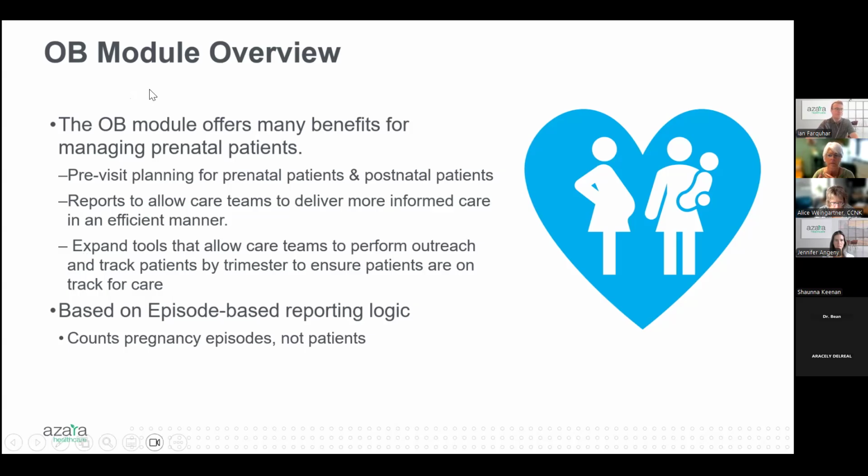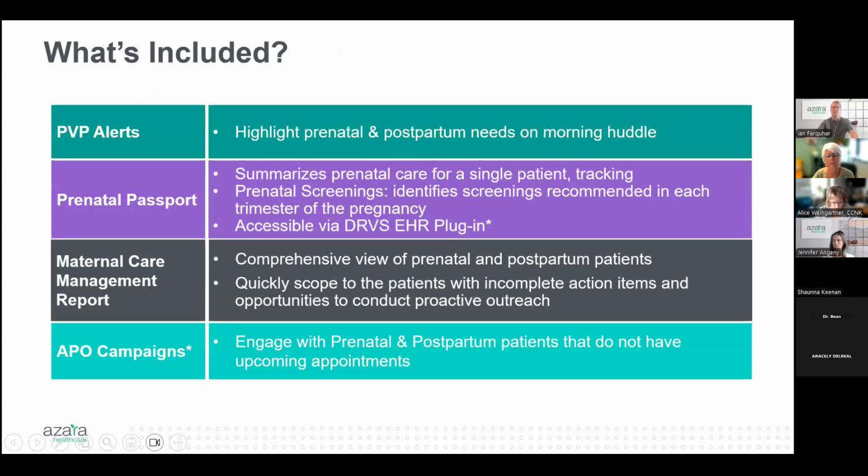So just keeping that in mind that again, this is very much episode-based reporting logic when we look at this module. So what's included? When we talk about this module, it starts with a set of PVP alerts. If you recall, that's what we call our patient visit planning. It's a pre-visit type of component to Drives. So it's different alerts that we can highlight for your teams as part of that area of Drives. On top of that, those alerts can also populate as part of the EHR plugin.